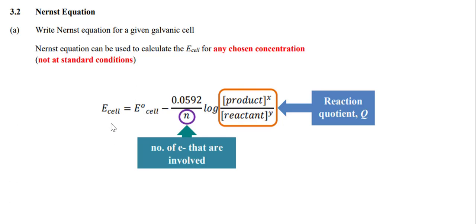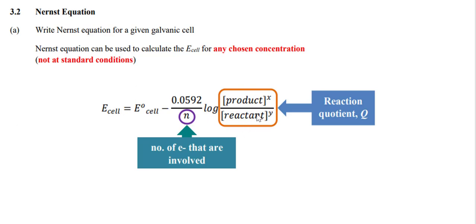The Nernst equation is written as E cell equals E naught cell minus 0.0592 over n log concentration of the product to the power of its stoichiometric coefficient over concentration of the reactant to the power of its stoichiometric coefficient. n here indicates the number of electrons involved in the reaction.